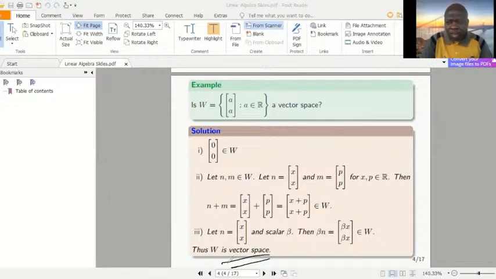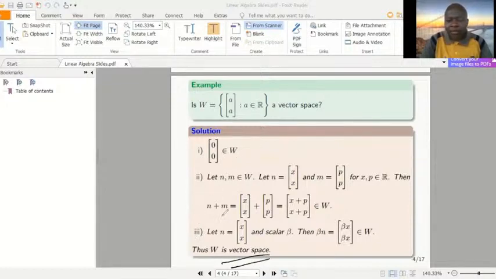So what you notice is that for you to show that it's a vector space, you must show that all three conditions are fulfilled. But for you to show that it's not a vector space, you only need to show one condition that is not fulfilled, and then you conclude.